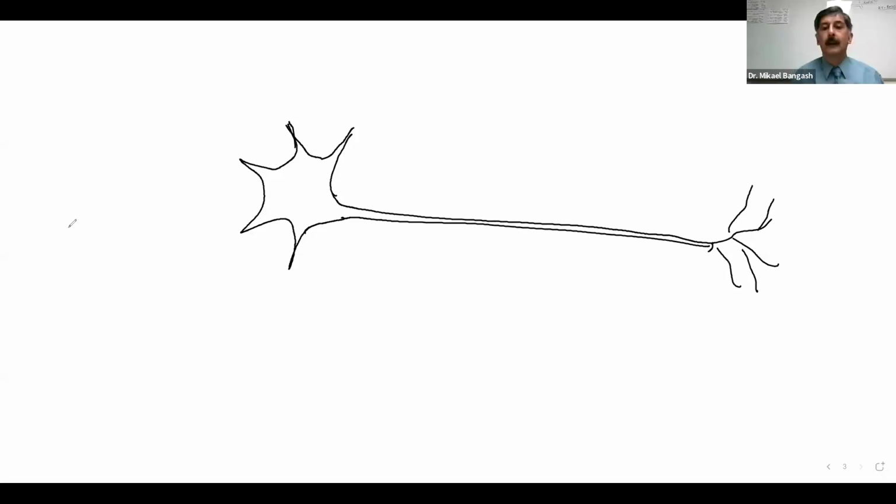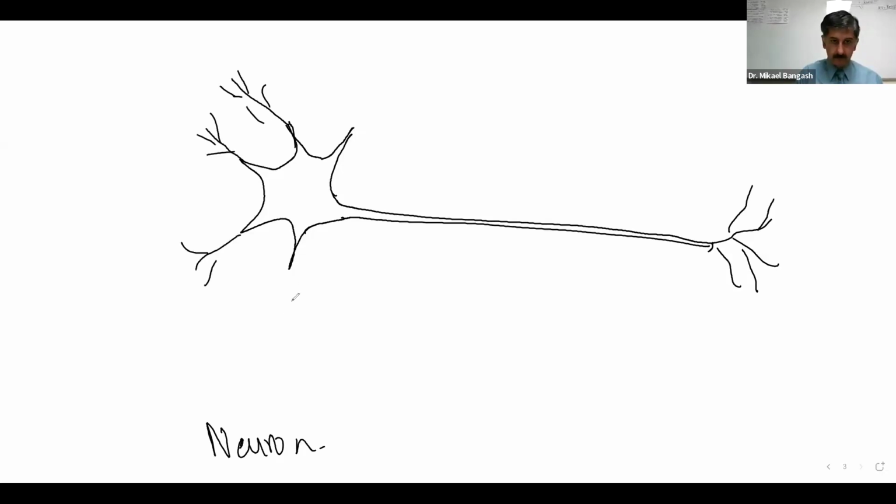So this is mainly a typical picture of a neuron. And what's a neuron? That's the basic component of your nervous tissue or nerves. Let me just say it like this. Now, guys.